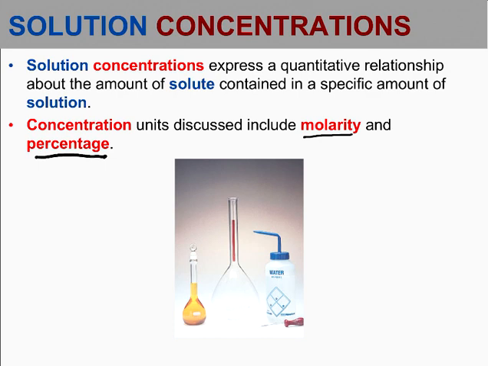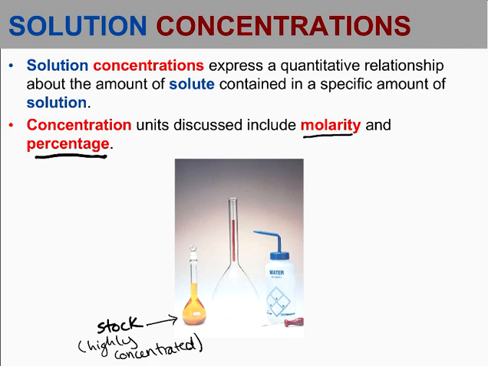Now, down below, we have a figure of a solution here that's kind of orange or yellow. And that could be our stock solution. So it's highly concentrated. What that means is there's a lot of solute in that flask.